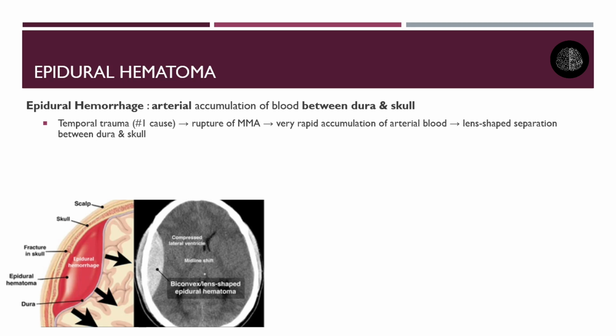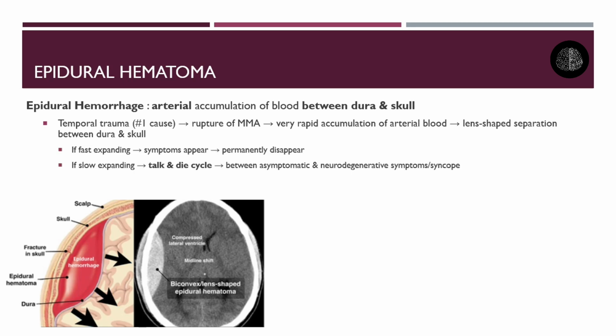And then it causes very rapid accumulation of arterial blood, unlike in subdural hemorrhage, because venous blood will be slow accumulation. This causes a lens-shaped separation. As you guys can see in the picture of the CT, there's a lens shape or a biconvex shape between the dura and the skull. And you can also see the skull fracture in most cases on the CT or an X-ray.